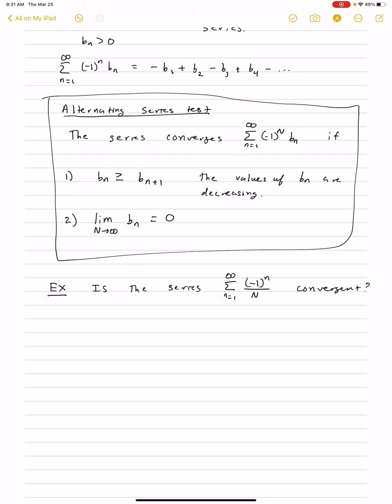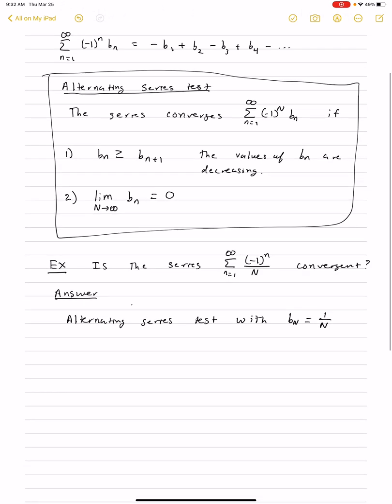Okay, and we'll answer this using the alternating series test. And here b sub n is everything excluding the minus 1 to the nth power. So this will be 1 over n.